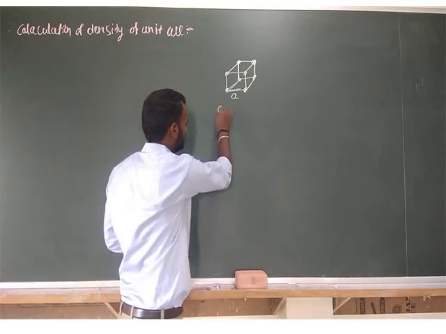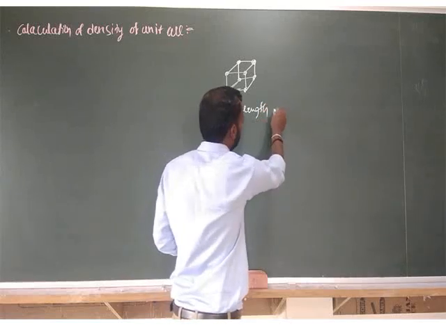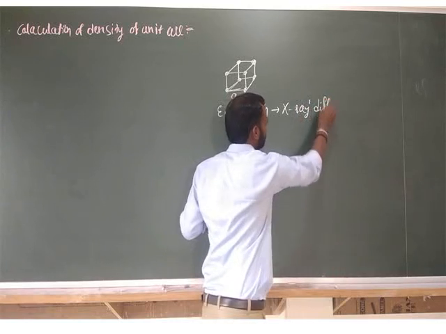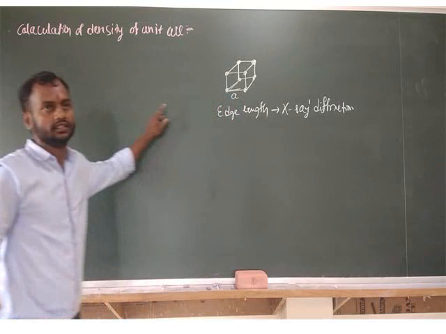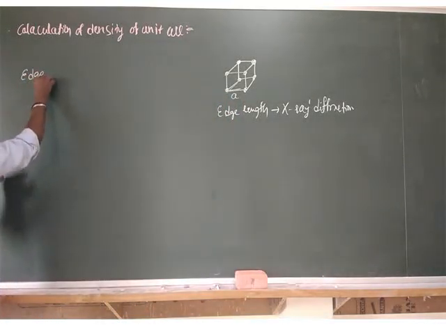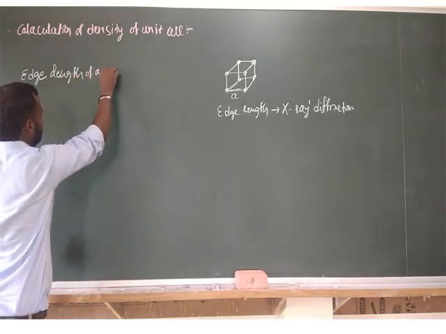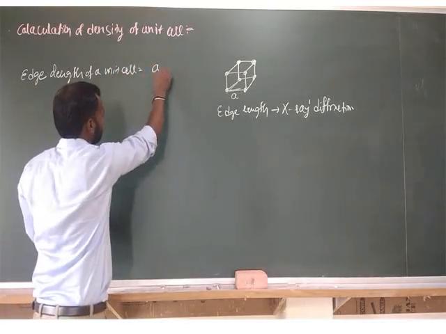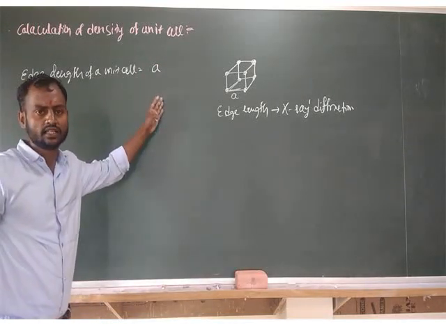So in X-ray diffraction, the edge length of a unit cell is taken as a. So the volume of the unit cell is considered a cube.